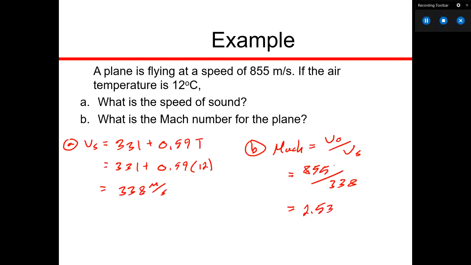Both speeds are in meters per second, so our units divide out, and Mach number is a unitless number. It just says 2.53, which means that this object is moving 2.53 times faster than the speed of sound. Okay, and that's everything for our introduction to sound and sound waves.